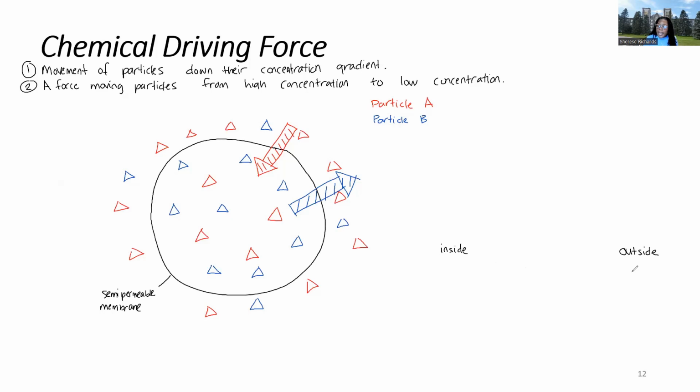As particle A moves from the outside to the inside, it's moving down its concentration gradient, right? So this is going to indicate the direction of movement down its concentration gradient as it moves from the outside to the inside. And the opposite is true for particle B. As particle B moves from inside of the cell to outside of the cell, it's also moving down its concentration gradient.